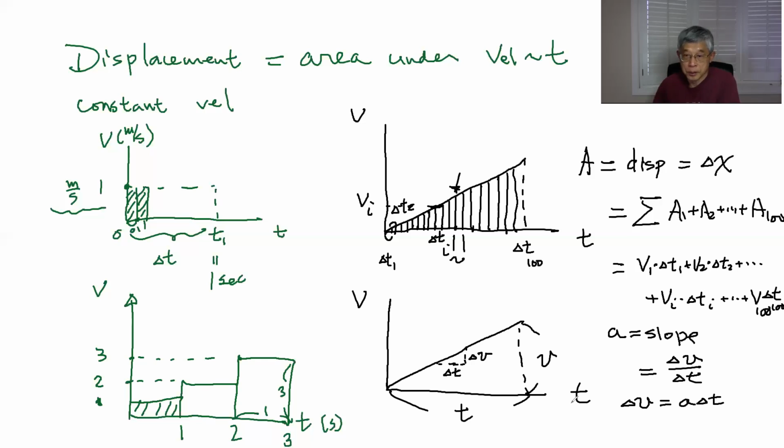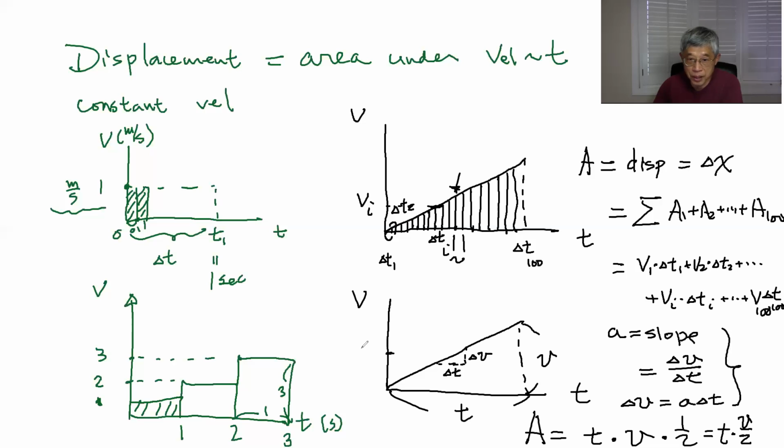Anyway, let's get back to what we're trying to do. The area here is equal to T times V, base times height, and then times half. So it's T times V divided by 2, and V divided by 2 is the average velocity.